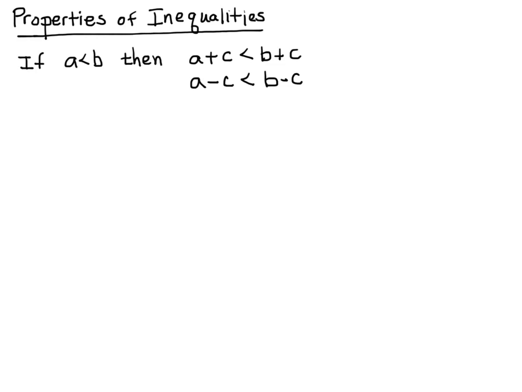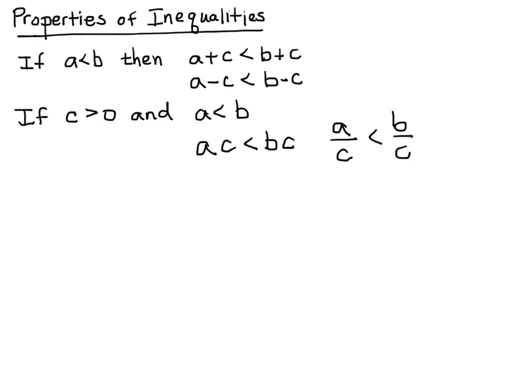Now we have some properties of inequalities. If a is less than b, we can add or subtract whatever we want to either side, and it always works. So if I have 3 is less than 5, then 3 plus 10 is less than 5 plus 10. There's nothing tricky there. It works just like an equality.